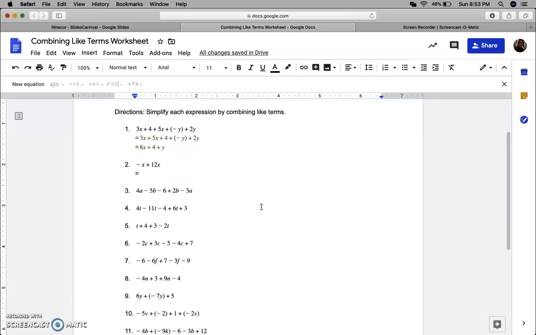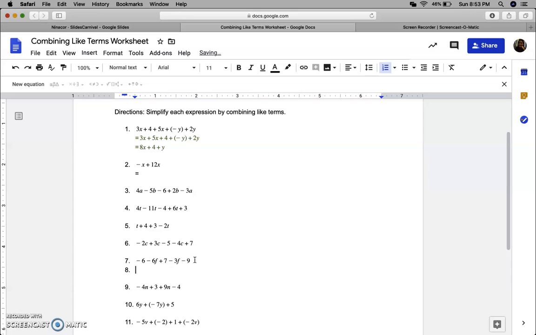I'm going to do one other problem. Number 7, so I hit enter, backspace, equals, and now I'm going to rearrange so the like terms are next to each other. In this problem, I've got negative 6, 7, minus 9. Those are like terms.